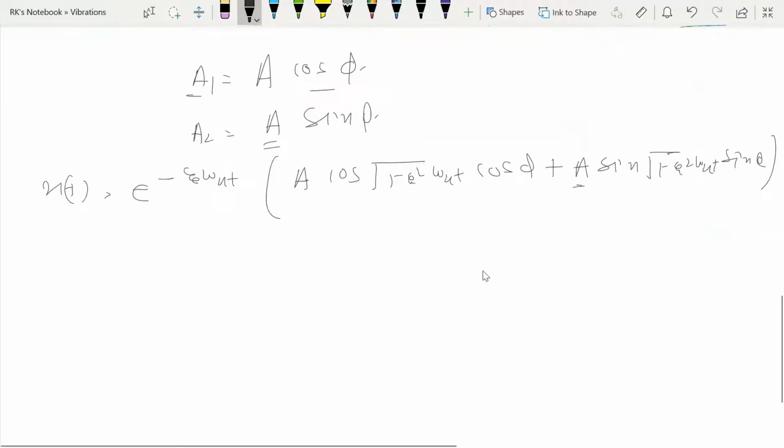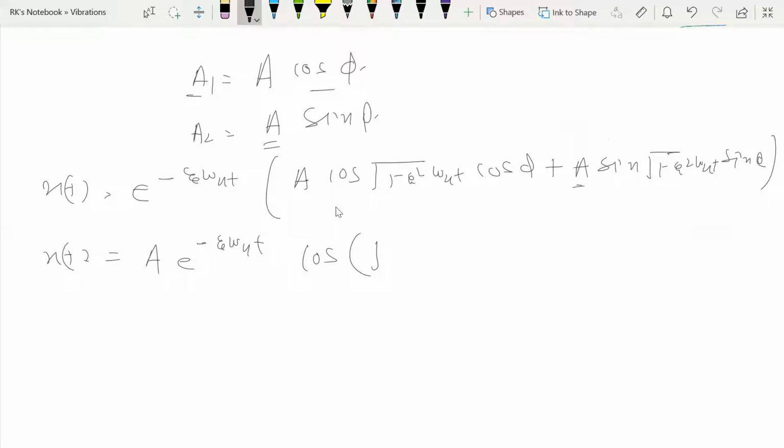So in this form, A can be taken out, and this becomes A e raised to power minus zeta omega n t, and here this is cos theta cos phi plus sin theta sin phi. So this can be written as cos of square root of 1 minus zeta square omega n t minus phi. So this is the second form of this solution.